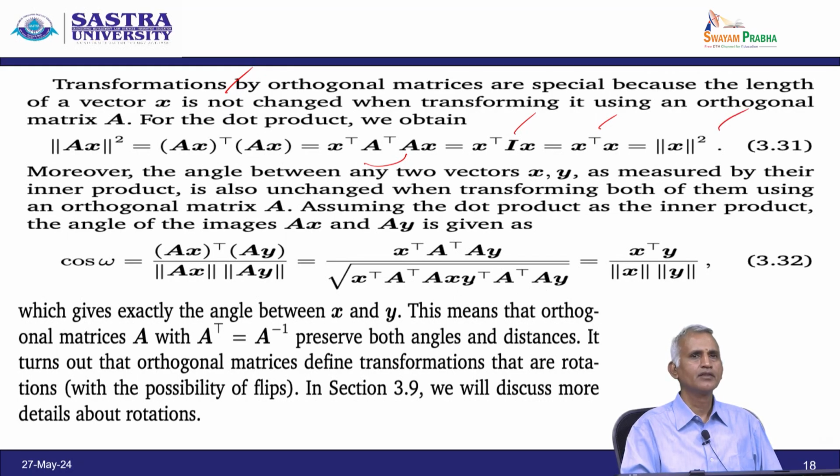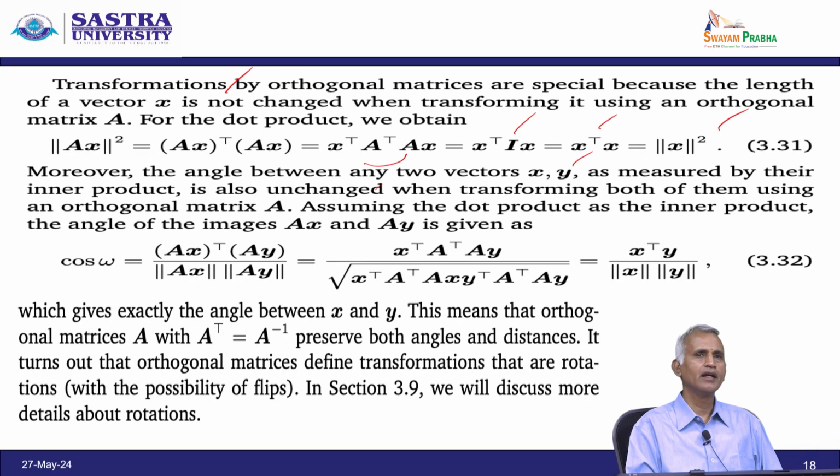Moreover, the angle between two vectors x and y, measured by their inner product, is also unchanged when we transform both of them using the orthogonal matrix A, assuming the dot product as the inner product.